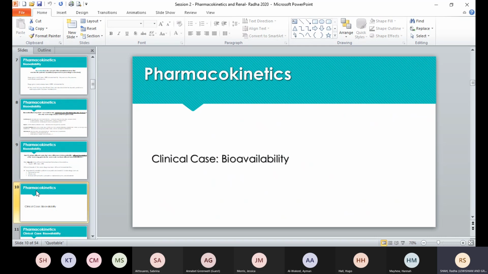So we have our first case. On that worksheet, if you want to do the first question. I believe the first question is, what dose of digoxin liquid should you prescribe to give an equivalent dose? If everyone wants to try that.